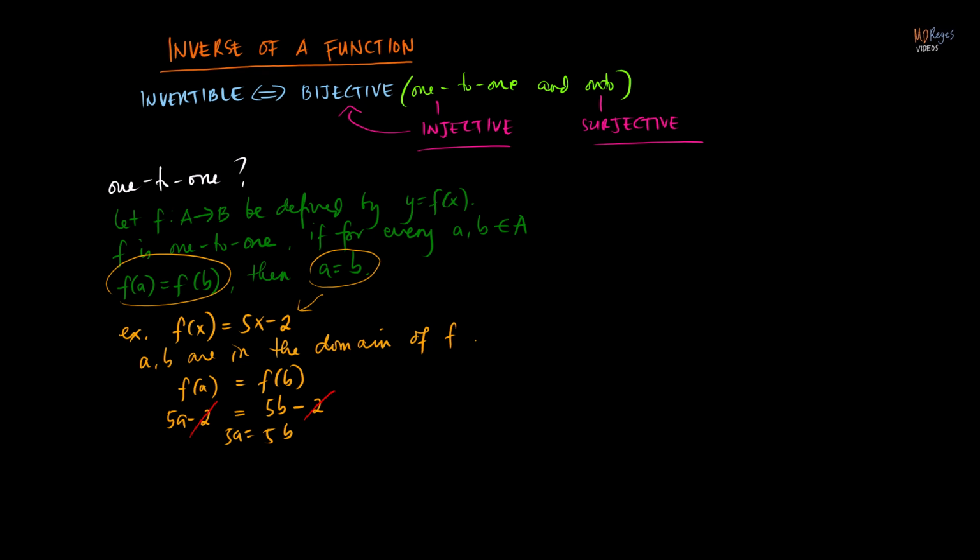And then dividing both sides of the equation by 5, we'll simply get a equals b. Alright, so that's it. Now we conclude that f of x equals 5x minus 2 is one-to-one.